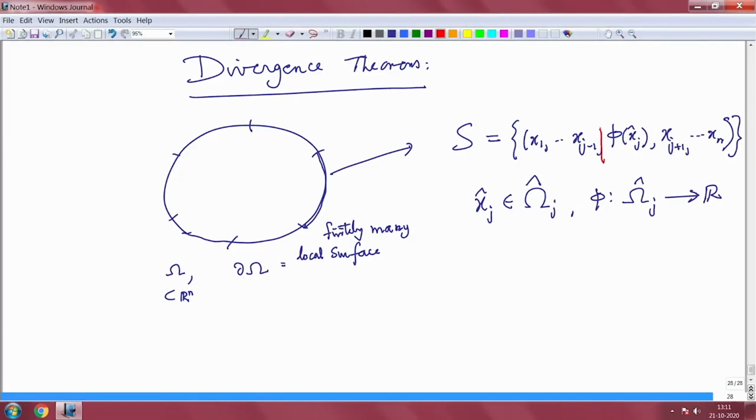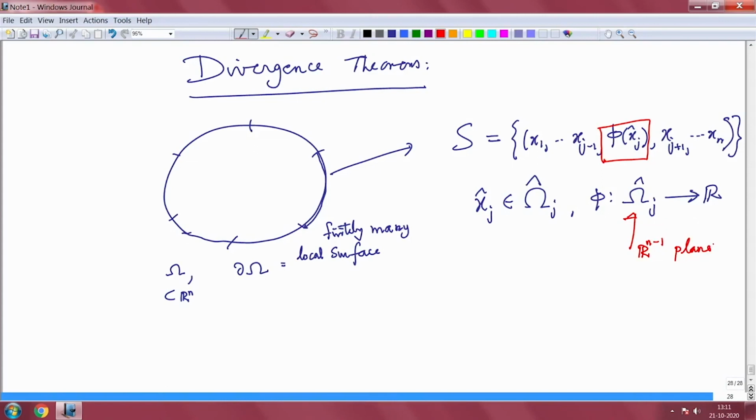Locally only, the jth point, as a graph I can write it, and Ω_ĵ is a set lying in a lower dimension, R^{n−1} plane. It is part of an R^{n−1} plane.